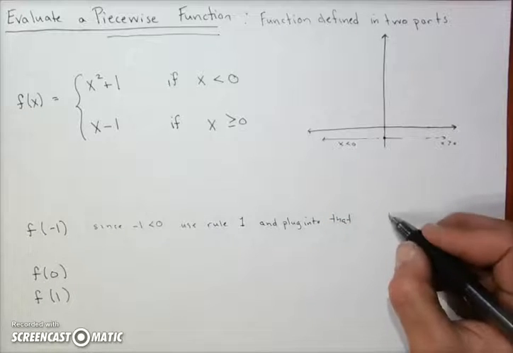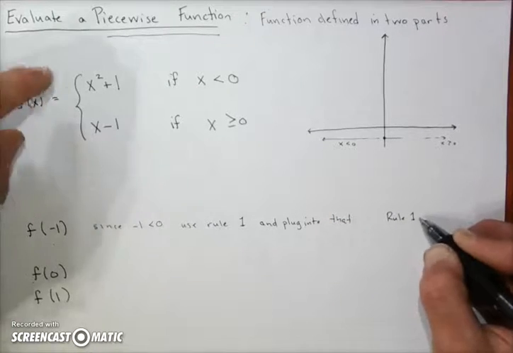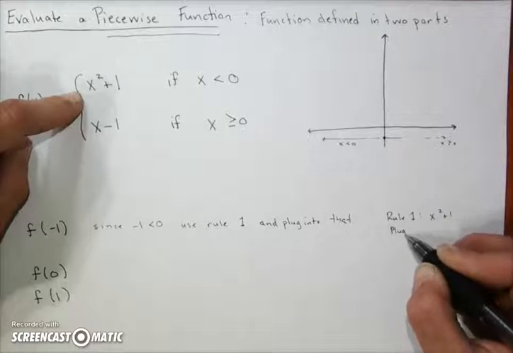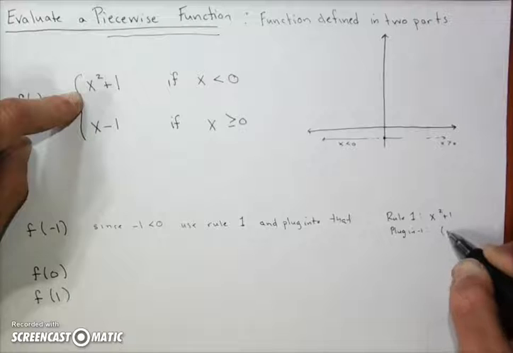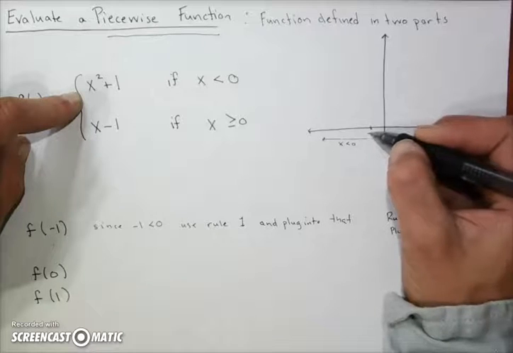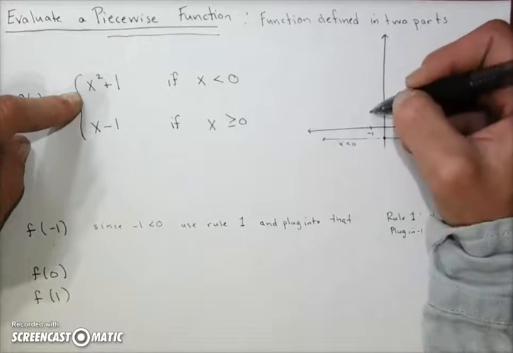So rule 1 is this one, x squared plus 1. I plug in negative 1. So I get negative 1 squared plus 1, which is just 2. So if I were to plot this when x is negative 1, y is 2.